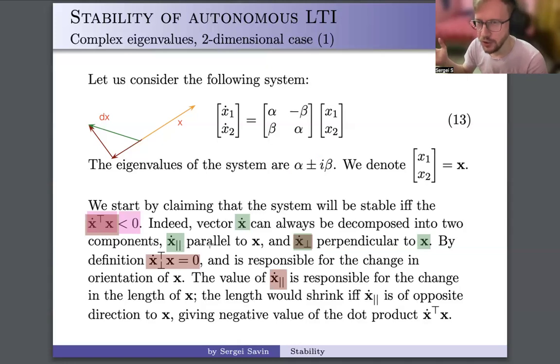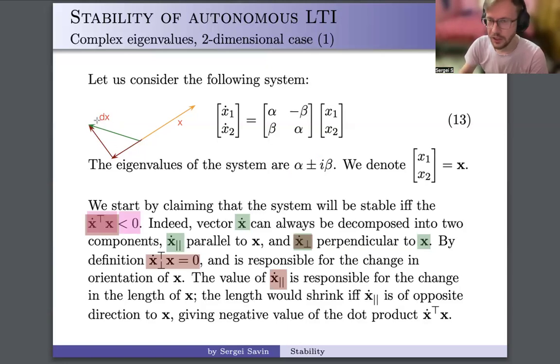X dot perpendicular does not influence this product at all. In fact, if we are considering what's going to happen with x as a result of x dot perpendicular, if we integrate it forward, it's going to rotate x. It's not going to change its length, right?